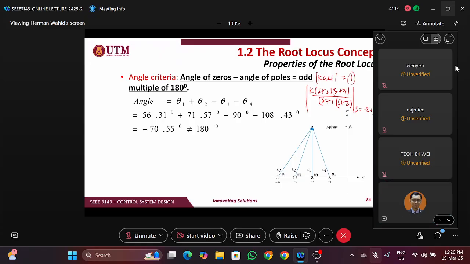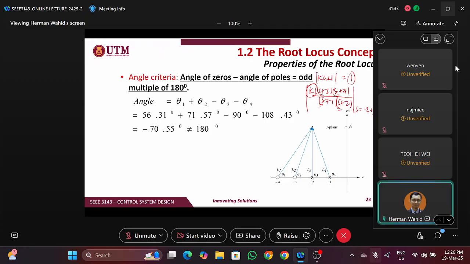But the problem here is we don't know the value of K. Everything in S can be substituted over here, but for now we don't have the value of K. So in that case, we cannot use the magnitude criteria to check for the fulfillment.